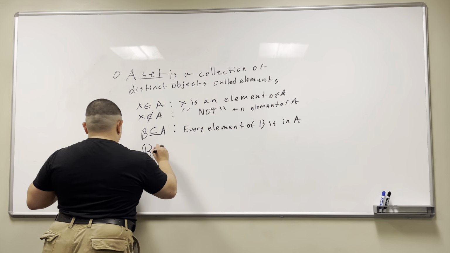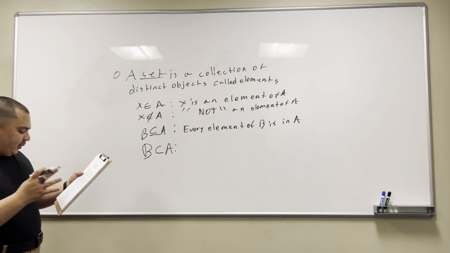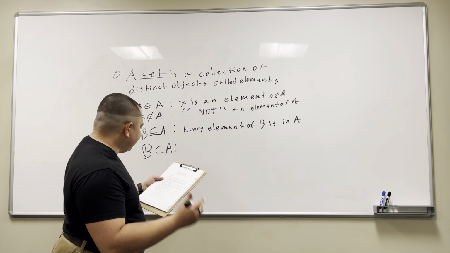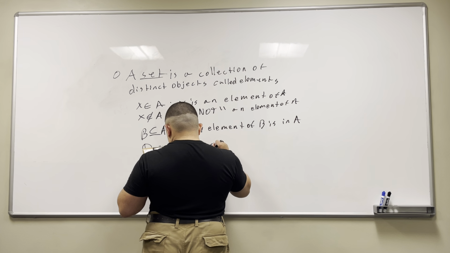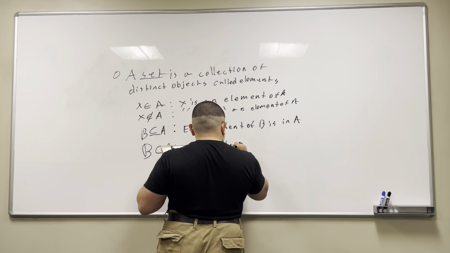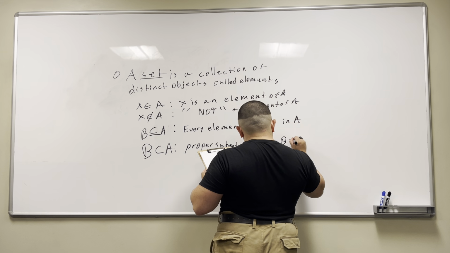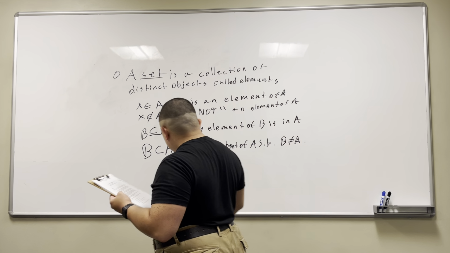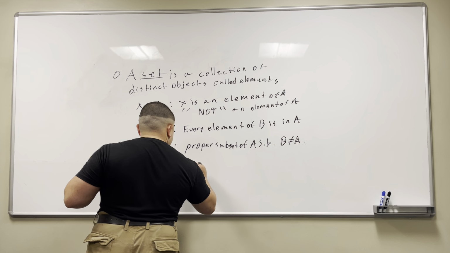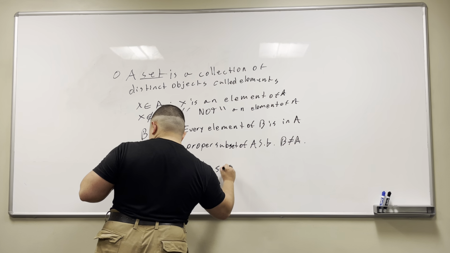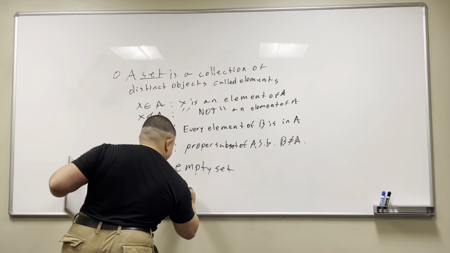This means proper subset, no caveat. B is a proper subset of A such that B does not equal A. Simple enough. Empty set. And this refers to the cardinality, the number of elements.